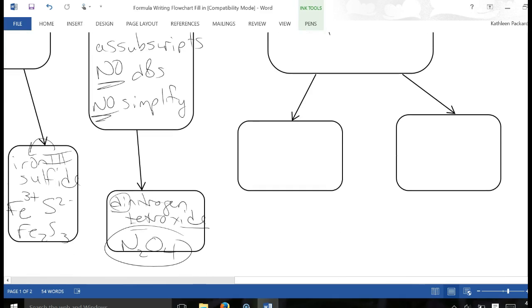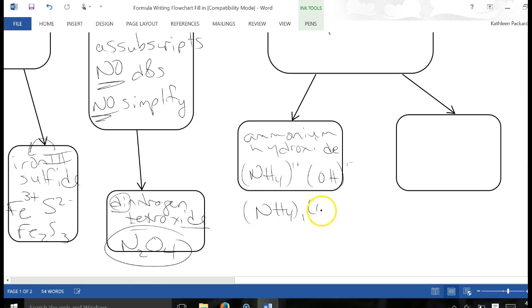Okay, so for example, if I had ammonium hydroxide, I'm going to look at that and go, oh my gosh, it's IDE, and that's where I recognize, wait a minute, that's on the back of the periodic table. It's NH4 with the 1 plus outside, OH minus with the 1 minus outside, drop and swap.